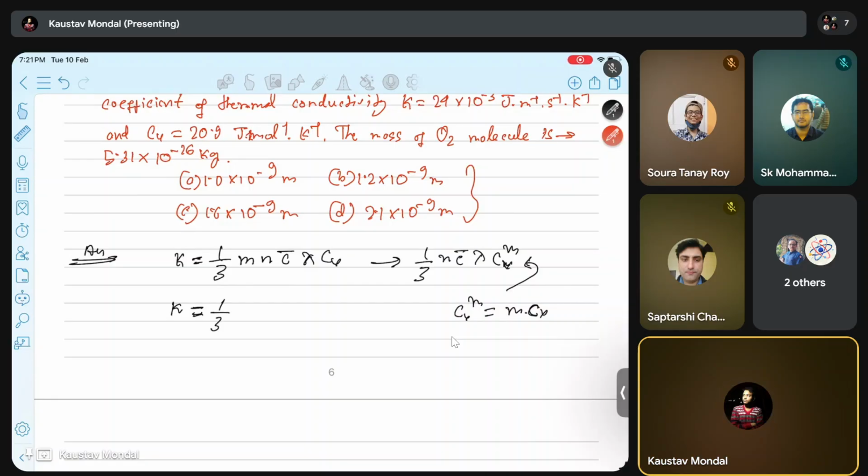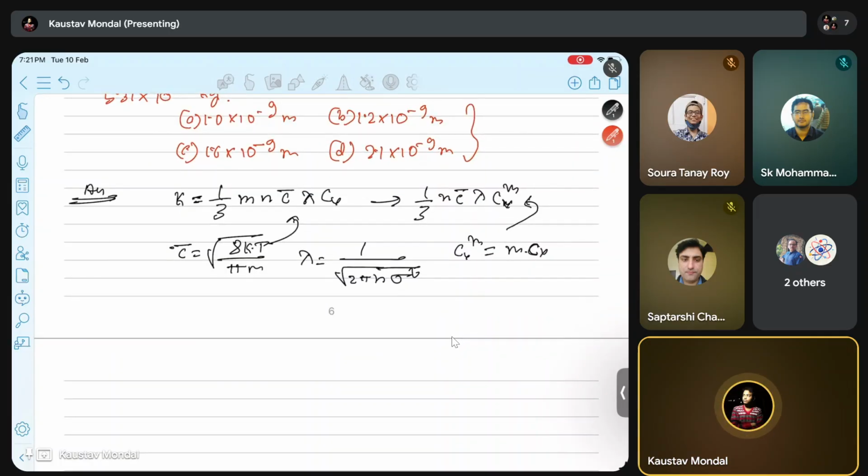So 1 by 3. So now here, you have to calculate all of these things. So c bar is given by root under 8 kt by pi m. Lambda is given by 1 by root 2 pi n sigma square.